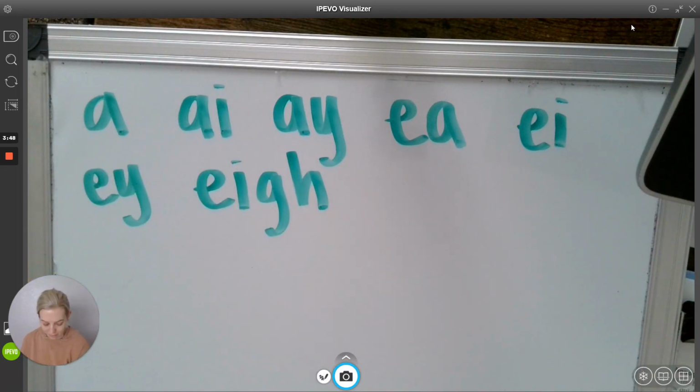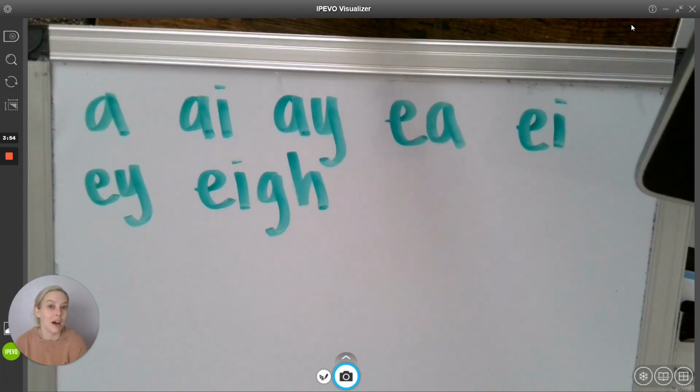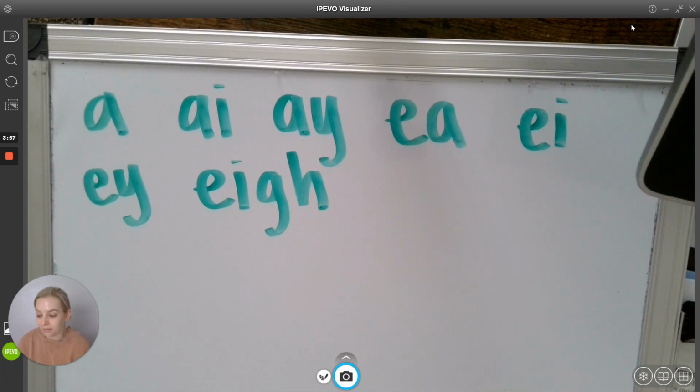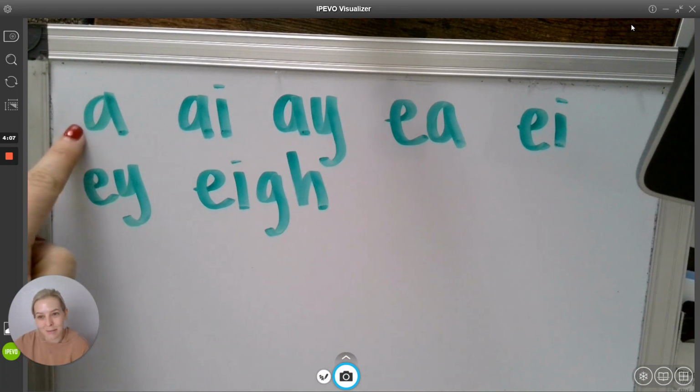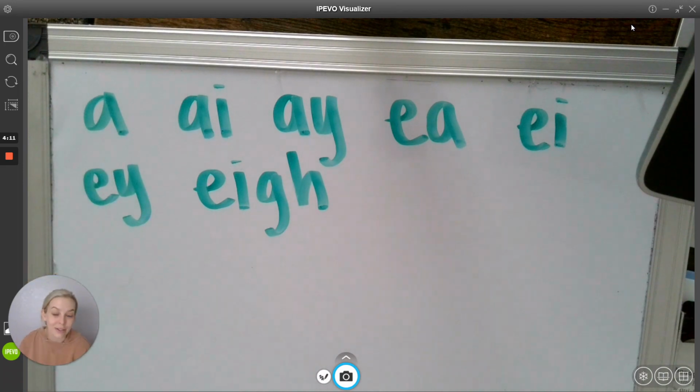Which phonogram is most commonly used to spell A at the end of a syllable in the middle of a word? If you remember our spelling rules, you should know that one right away. End of a syllable in the middle of a word. That's going to be this one, right? Remember, vowels say their long sound at the end of a syllable.